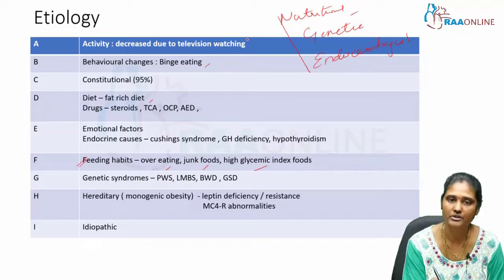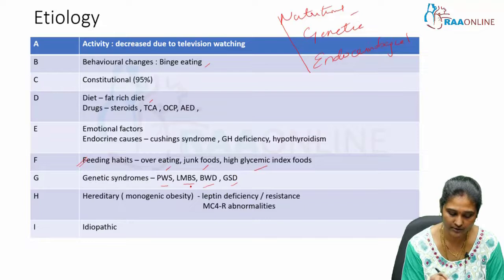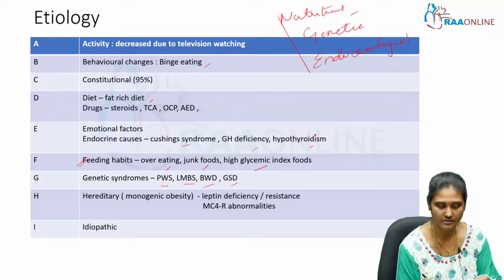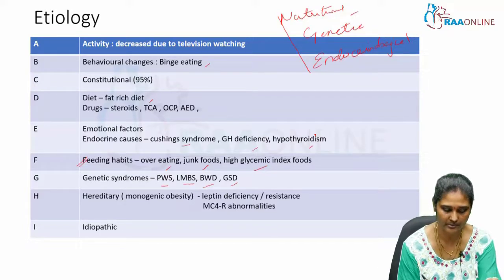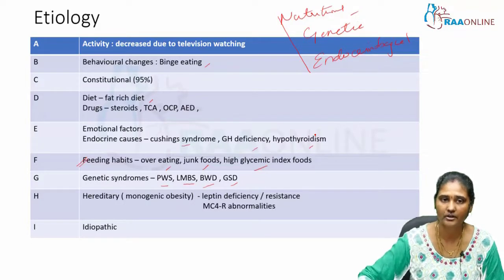The second common cause is genetic syndromes like Prader-Willi syndrome, Laurence-Moon-Bardet-Biedl syndrome, Beckwith-Wiedemann syndrome and glycogen storage disorders. Third are endocrinological causes, like Cushing syndrome, growth hormone deficiency and hypothyroidism. To make it easy to remember, I have split up the etiology from A to I. So, this is the etiology.